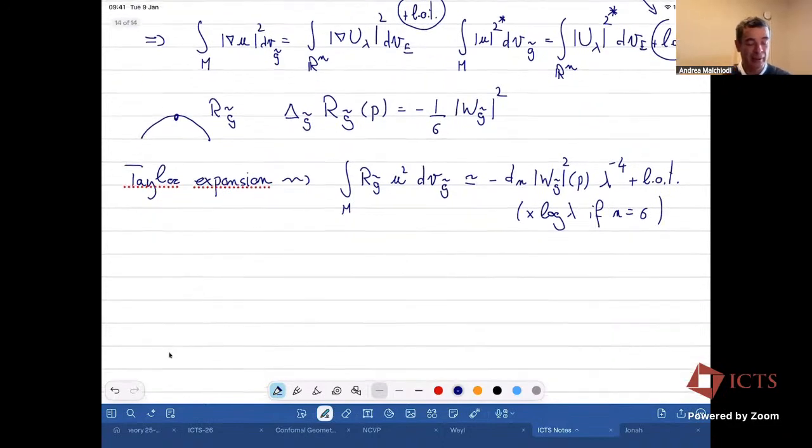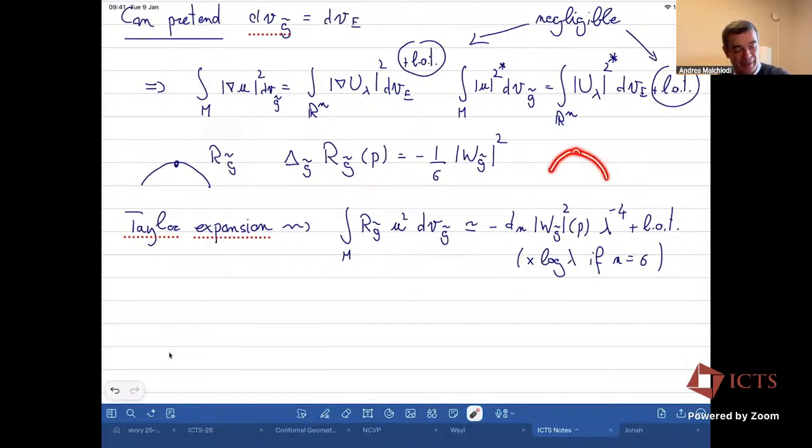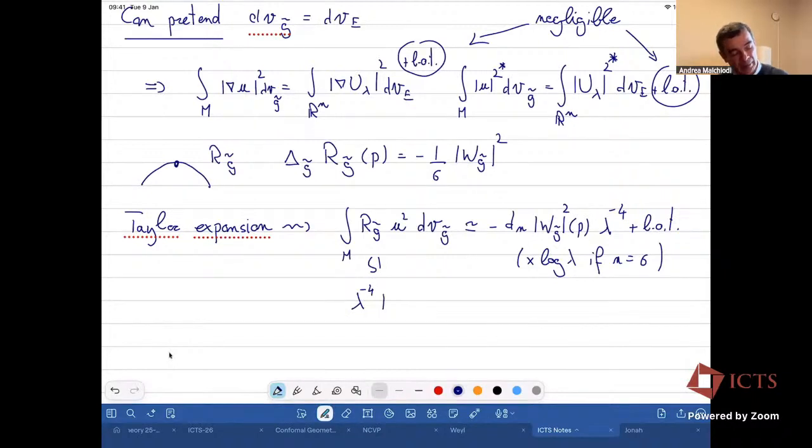Okay, so essentially, to understand this, you can pretend that the scalar curvature is kind of radial here, with a negative Hessian. Okay, so this integral is like lambda to the minus 4 times the norm of the Weyl tensor squared at P times the integral of the norm of x squared times u squared in x in Rn.